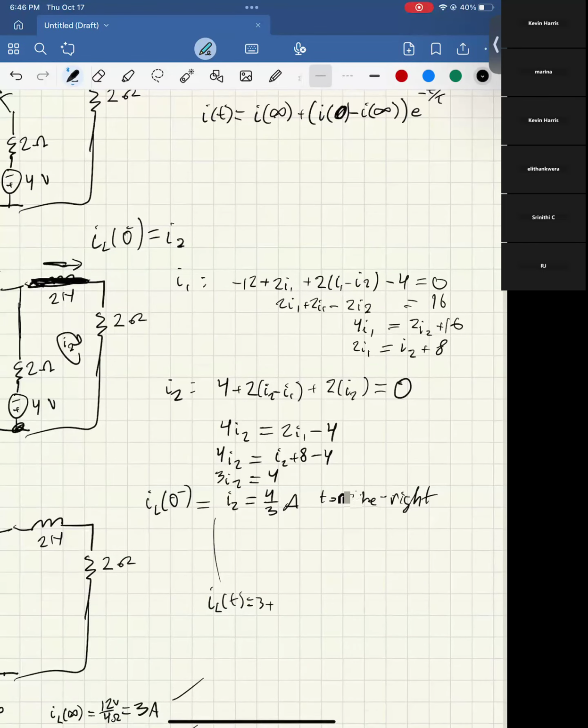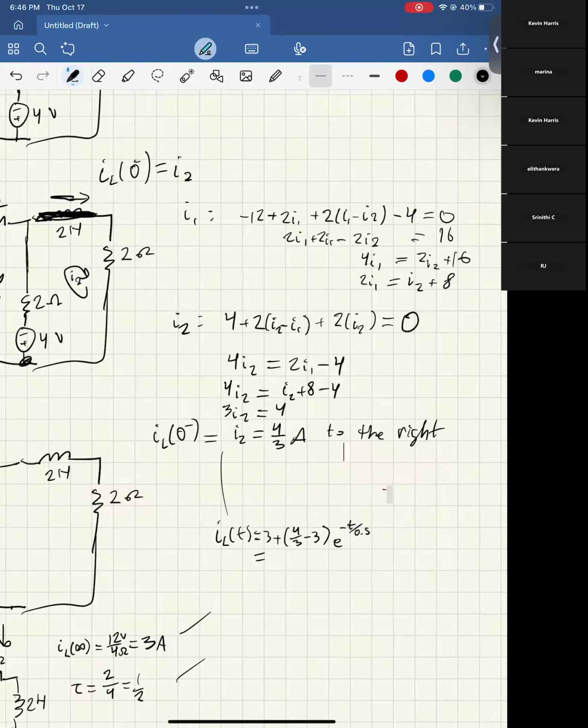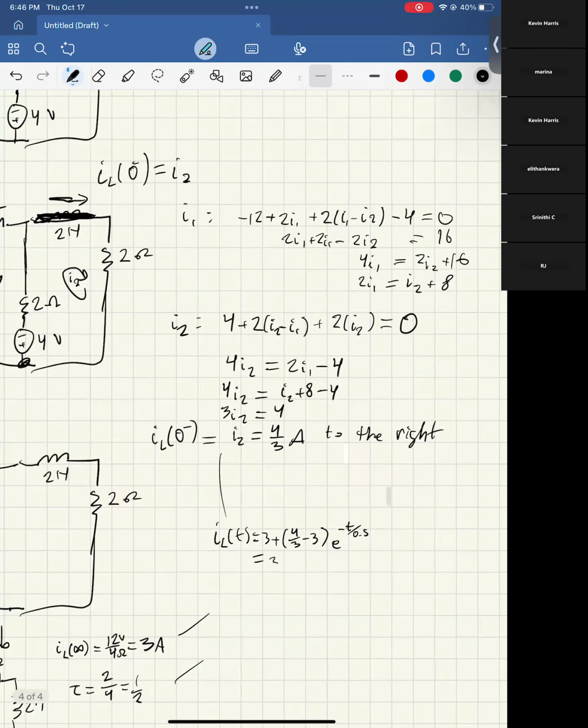So 3 plus 4/3 minus 3 e to the negative t over 0.5, because it's 1/2, which we can simplify a bit to 3 plus 4/3 minus 3 is 4 minus 9, which is negative 5/3. So this is negative 5/3 e to the negative 2t amps for t is greater than or equal to 0 seconds.